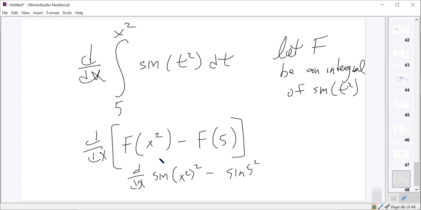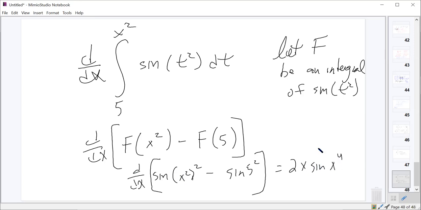And then minus this is sine of 5 squared. And then we're taking the derivative. Our derivative ends up being the sine of x to the 4th times the derivative of the x squared, right? And so we end up getting 2x times the sine of x to the 4th.